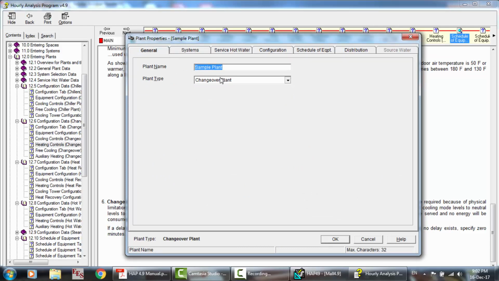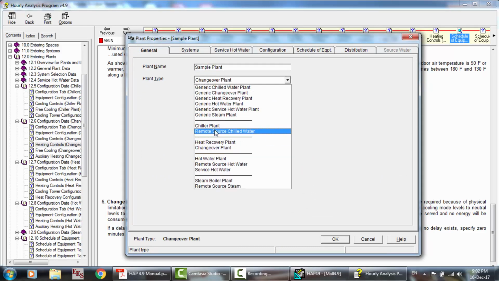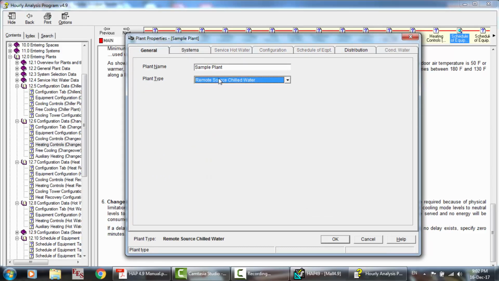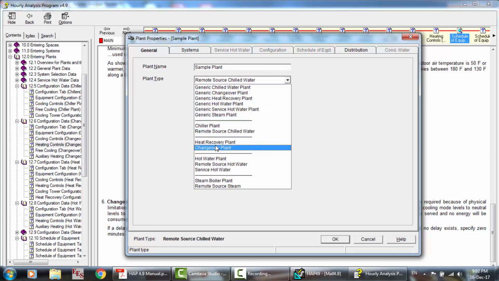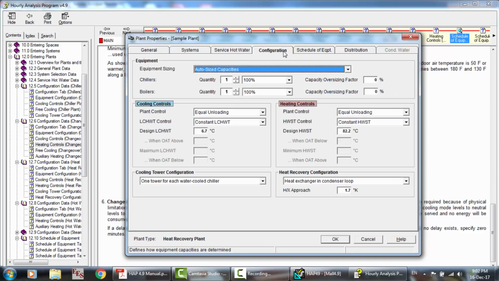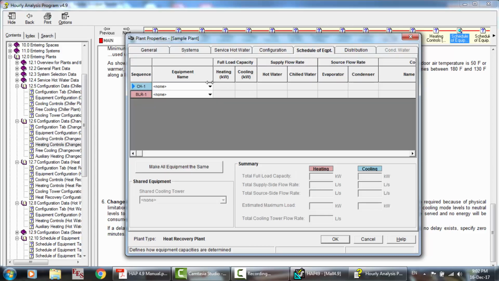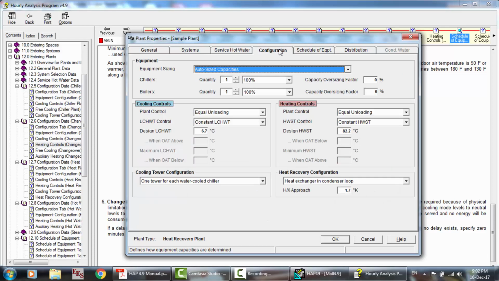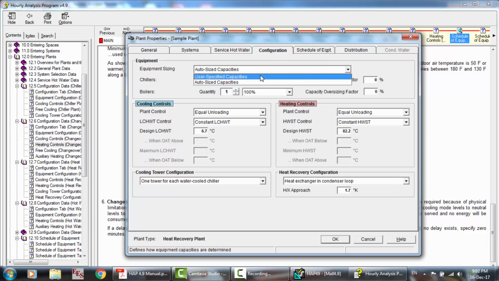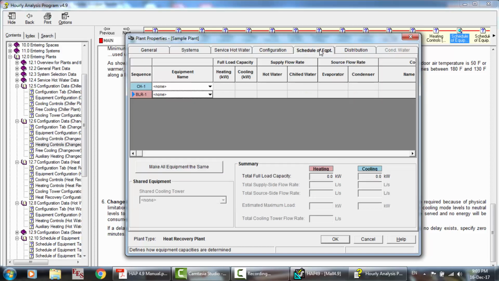This is the changeover recovery. For the heat recovery, this is the configuration and the schedule. You can get the chiller and then the boiler and these things. You have to know how to get these things. Also the same. So, okay, here you use a chiller, and here you can use your boiler.